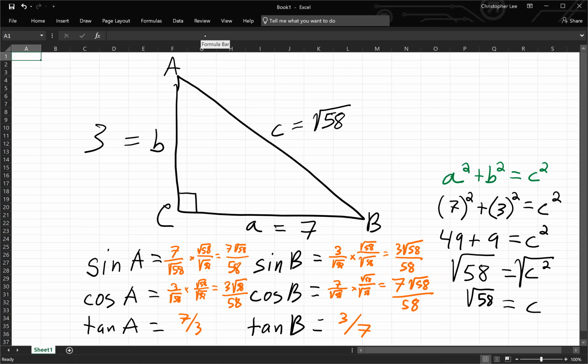So that's in the numerator, 7 square root 58 over 58. Not the way you typed it. It should look like this, 7 square root 58 over 58, like that. So you should have the fraction, and then on the top, 7 square root 58, and then down below, 58.